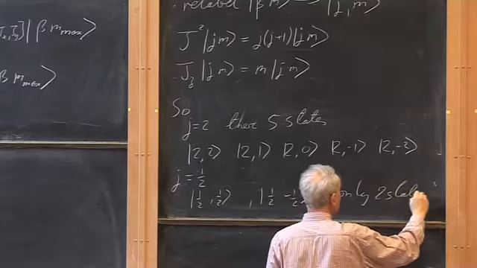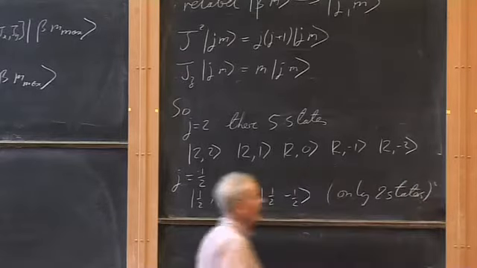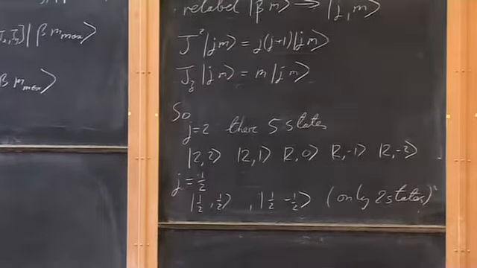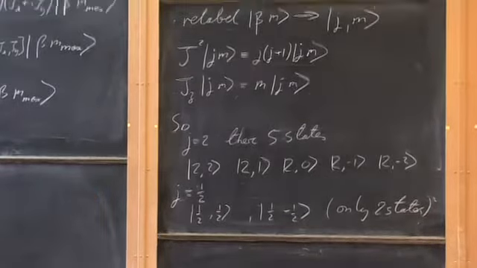So that's why we've been talking about electrons and things with spin a half, a unit of spin angular momentum, like electrons, protons, positrons, etc., as the archetypal two-state system, because there are only two possible orientations. Now, this is very misleading.